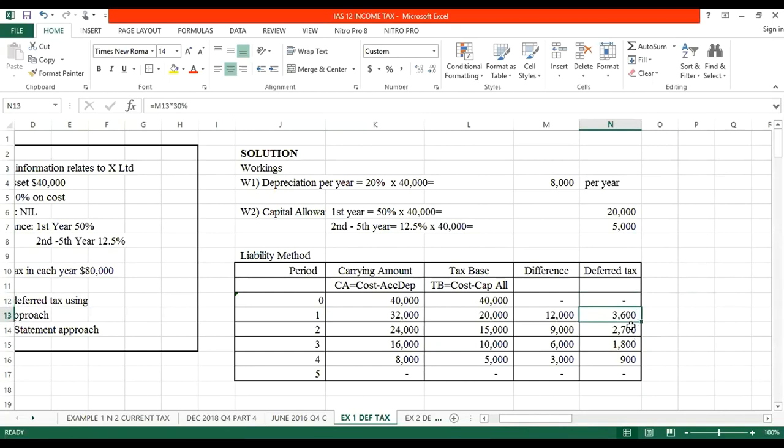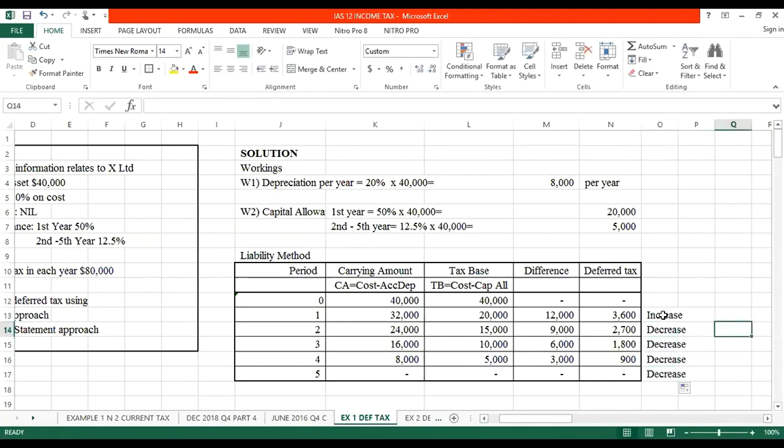From year 1 to year 2, there is a decrease. Year 2 to year 3, there is a decrease. So here we can say there is an increase. The rest, it is decreasing in the rest of the periods.